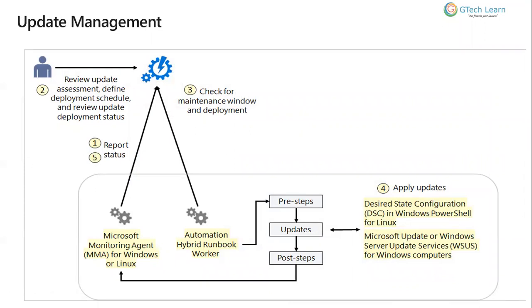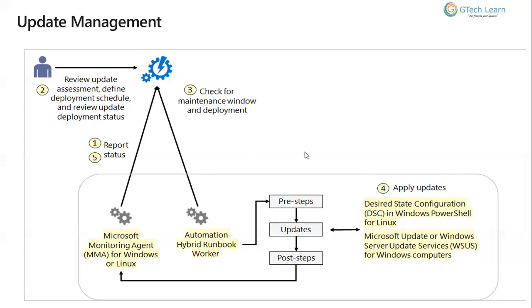Apart from Bastion, if you want to manage the updates for your virtual machine, there is one option present for that. We can simply go ahead and work with Update Management.